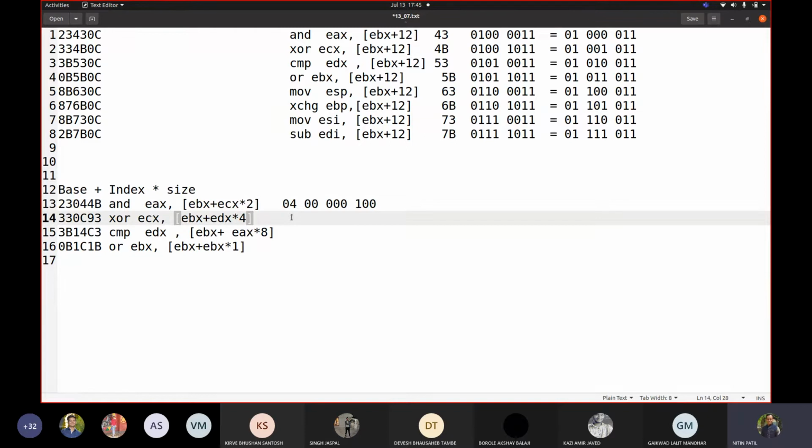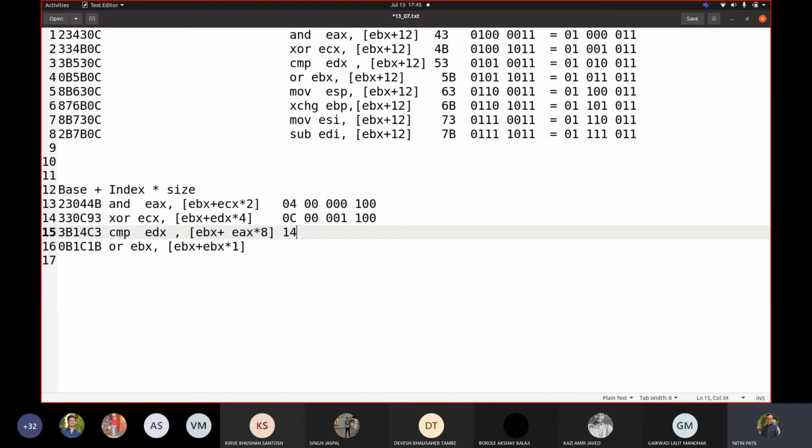So what is the next number? 0C, correct? So what is 0C? If we write 0 0 0 0 and C means 12, no? 1100, correct. If I differentiate this way, now see CMP EDX.